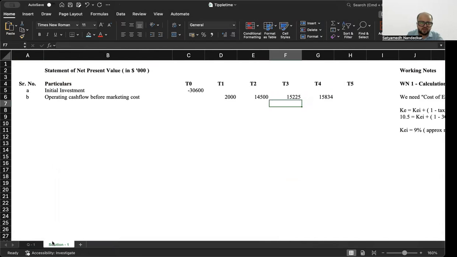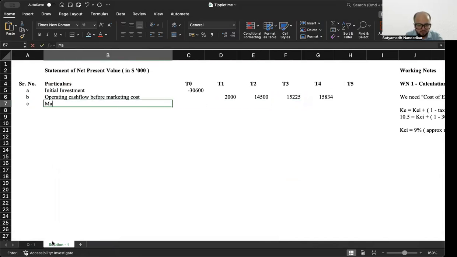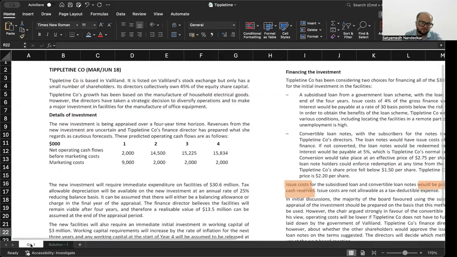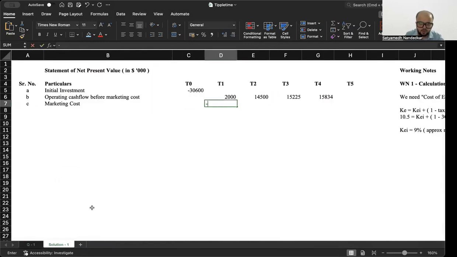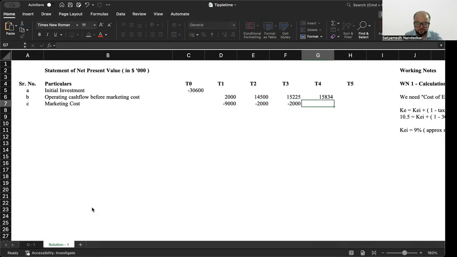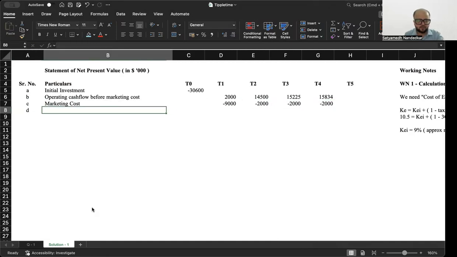Okay, now from this we have to subtract the marketing cost. 9,000, 2,000, 2,000, 2,000. So minus 9,000 minus 2,000, we get the values. Now we'll get cash flow before tax, B minus C.